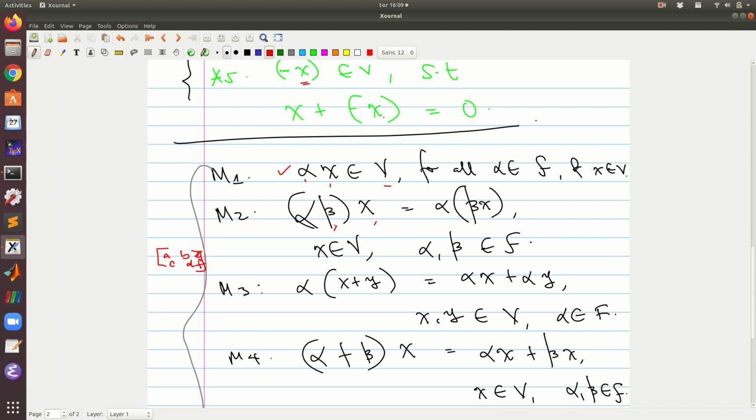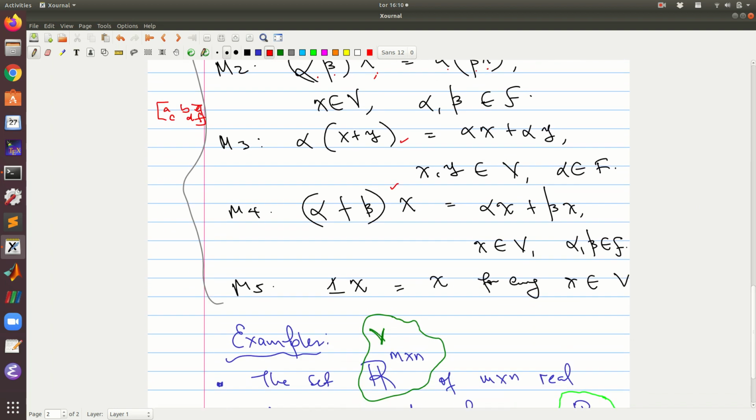The order does not matter, whether it is alpha times beta times the matrix, or you first multiply beta times the matrix and then times alpha, the result is still a matrix. You can also show that M3 holds, and even M4 holds for matrices. And for matrices, you have the identity matrix, which exists, which you can multiply with the matrix itself, and it does not change the result.